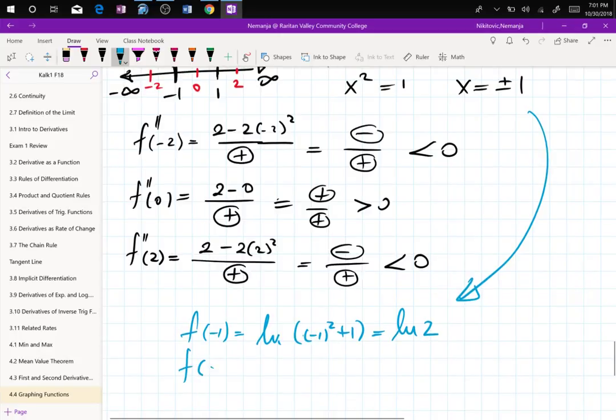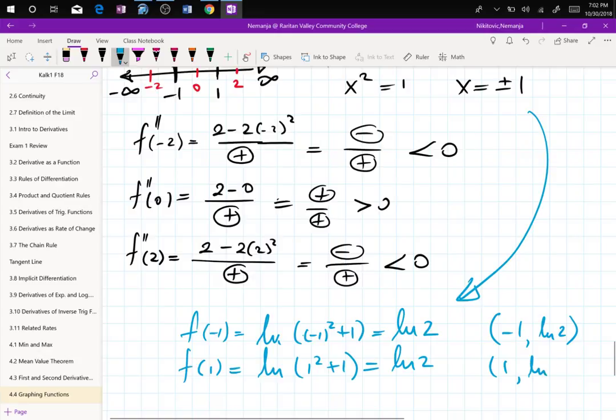And then f of positive 1 is 1 squared plus 1, which is also ln 2. So I have the points negative 1, ln 2 and positive 1, ln 2.